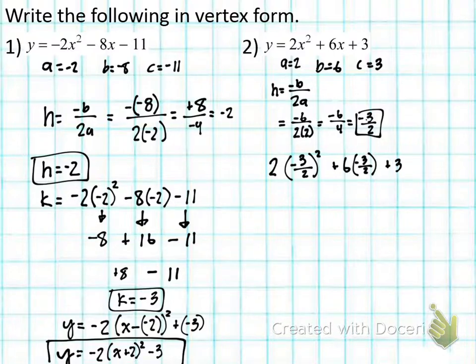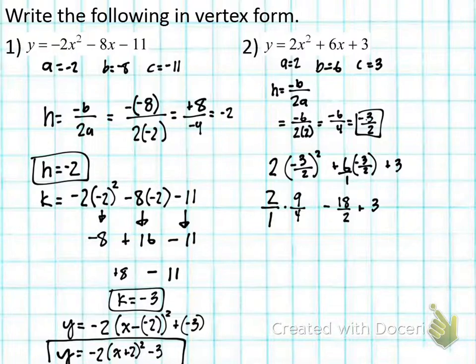This is going to get a little more difficult. So we have negative 3 squared is 9. 2 squared is 4. We have to multiply that by 2. We have 6 over 1 times negative 3 halves, which is negative 18 over 2, plus 3. Continuing on here.